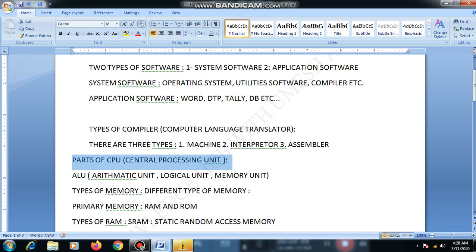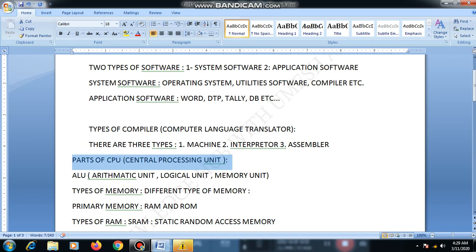Now types of memory. Basically there are mainly two types. One is primary memory, which we call RAM and ROM. Another is secondary memory. First we'll finish RAM, primary memory.